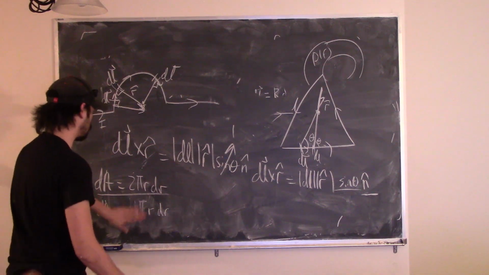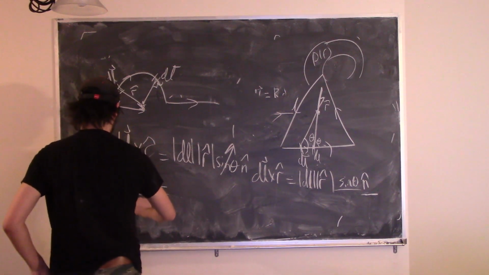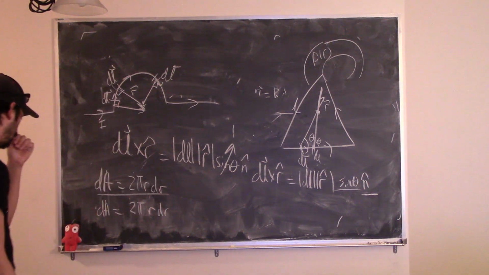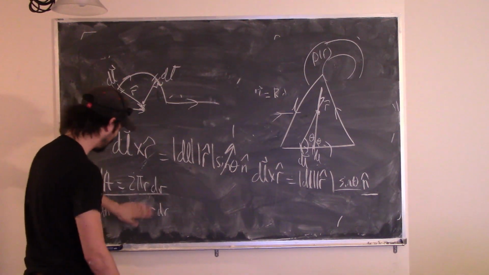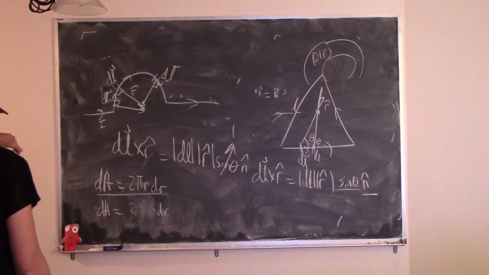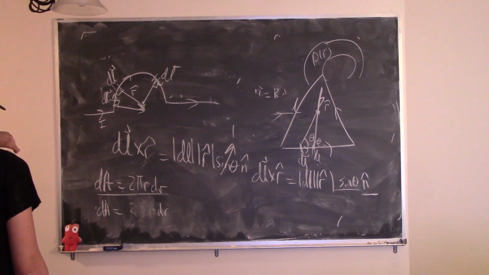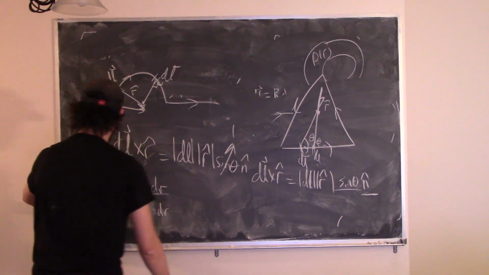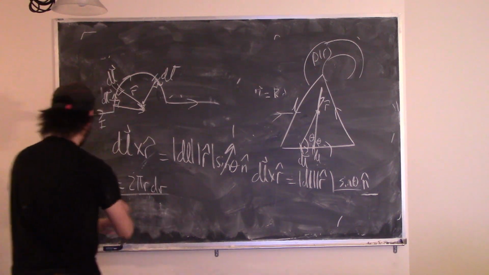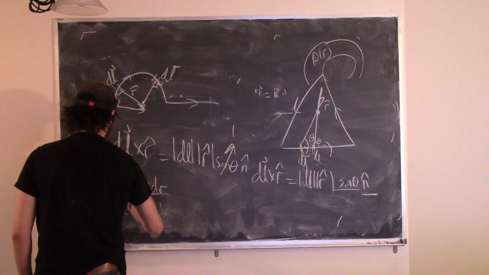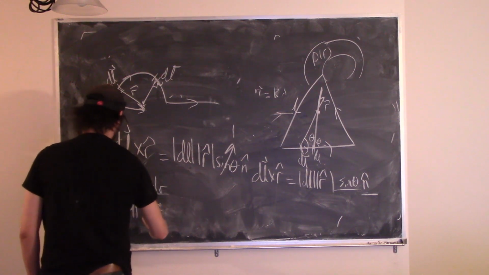I'm blanking for a second. Well, it's not a dA, it's just an A. So I say, for instance, A is equal to 4 pi r squared.